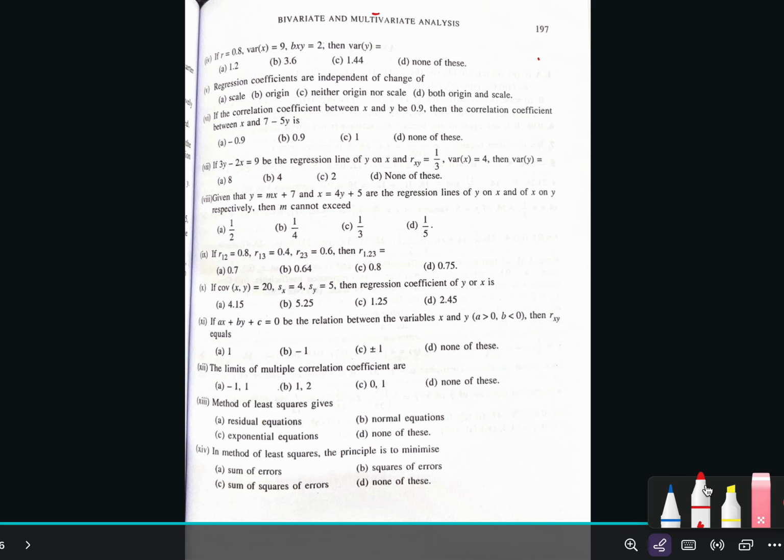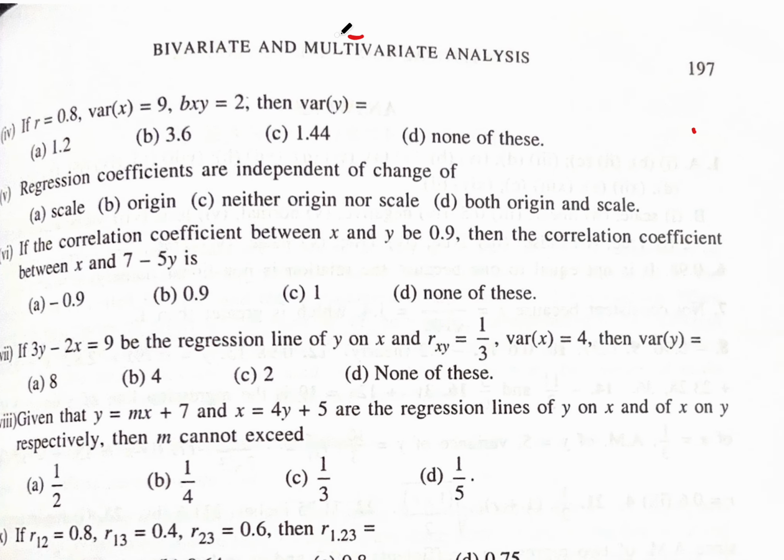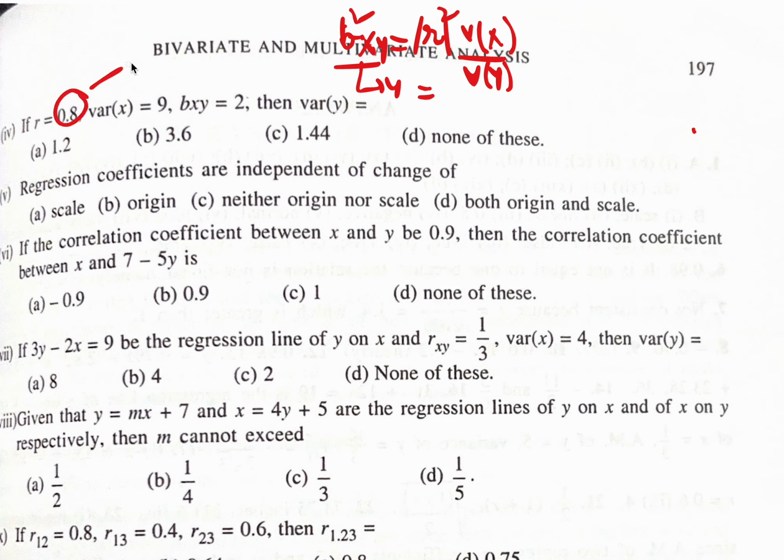So I think b of xy, so this would be my 4, this would be my 6.4, this is my variance of y.